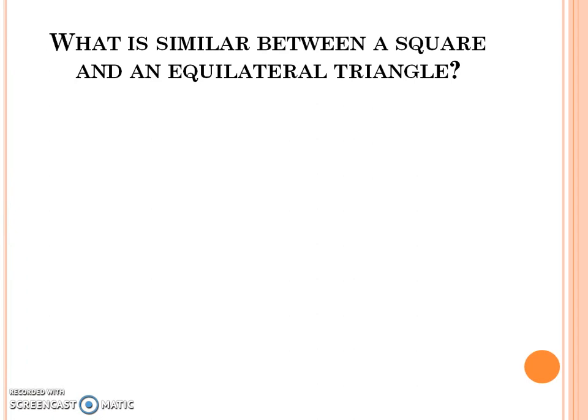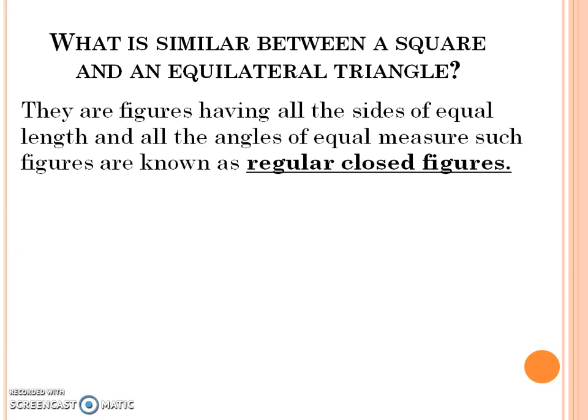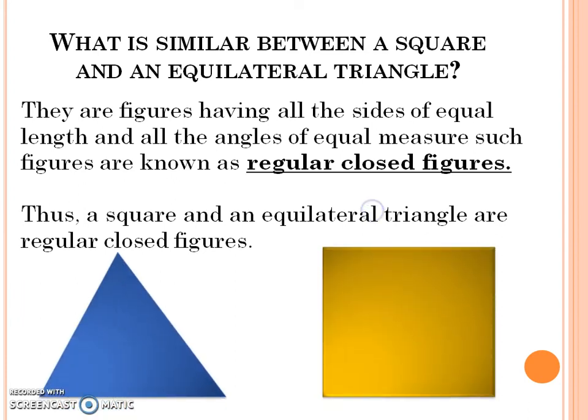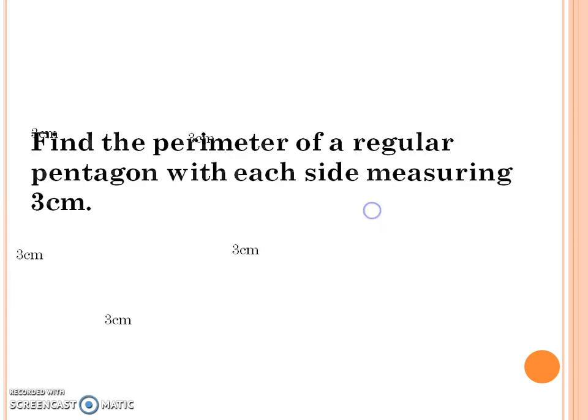Okay. Now what is similar between a square and an equilateral triangle? Yes, they are figures having all the sides of equal length and all the angles of equal measure. Such figures are known as regular closed figures. Okay, thus a square and an equilateral triangle are regular closed figures.